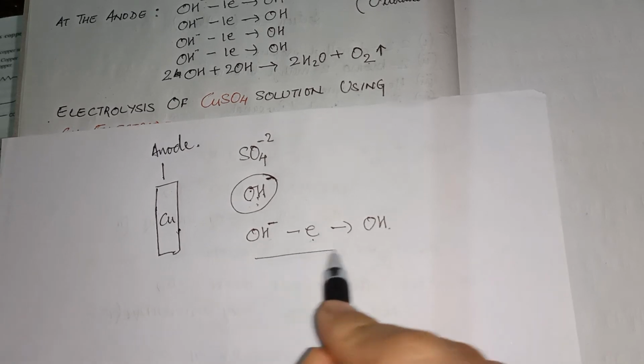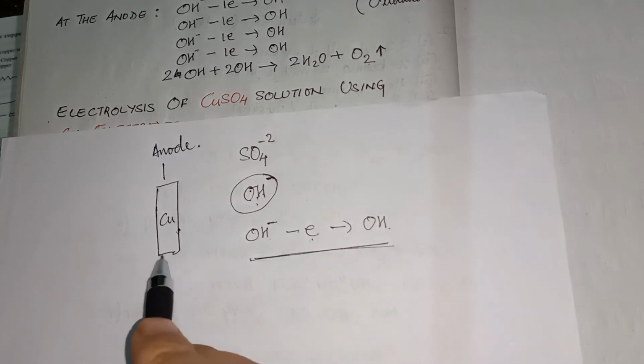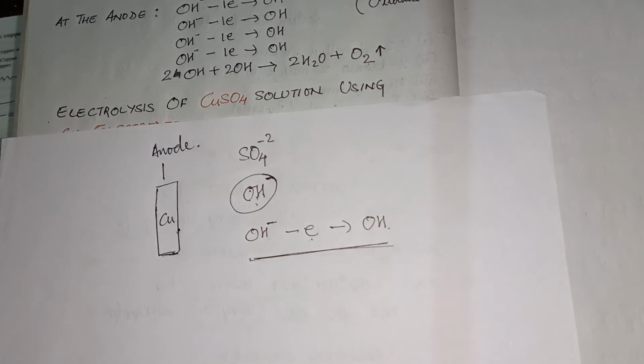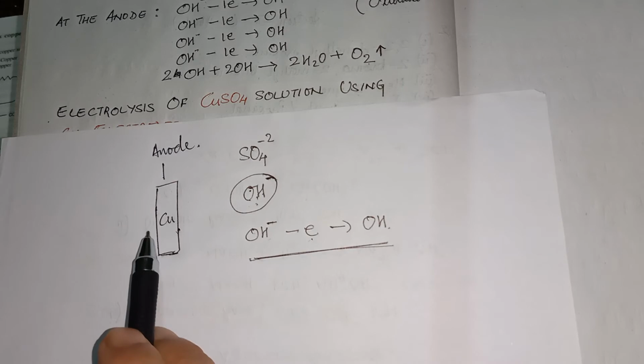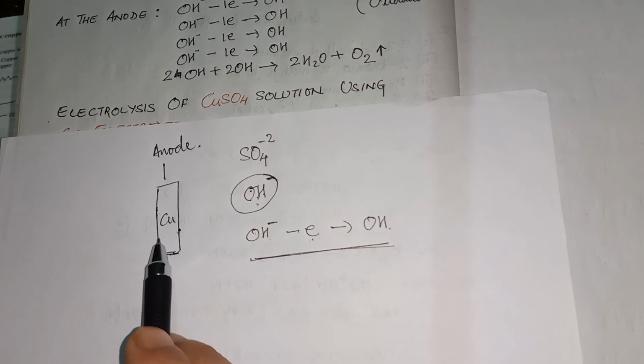Now this is the expected reaction, but let's consider the anode now. The anode is made up of an active metal, which is copper, and copper is a metal. And what is the nature of metal?